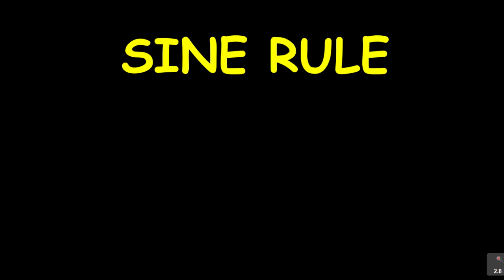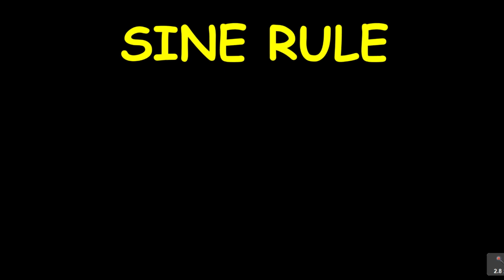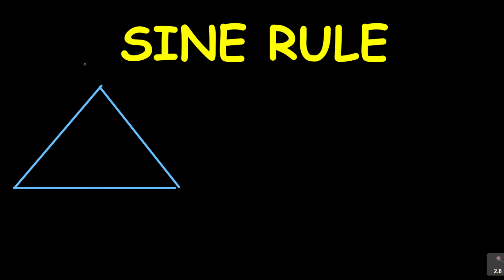And then let's look at the sine rule, another very important formula. What is the sine rule? It says, when you are given a triangle like this one, we're going to call it triangle A, B, and C. Now remember what I said: A becomes side A, B becomes side B, and C becomes side C. So these are the angles.